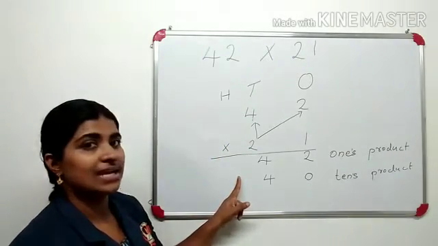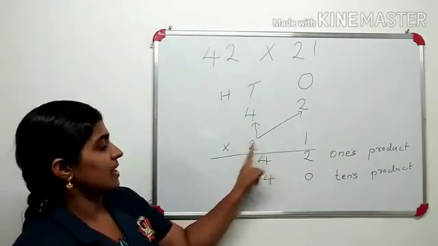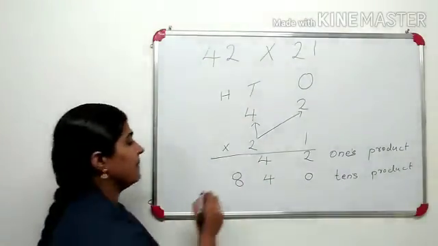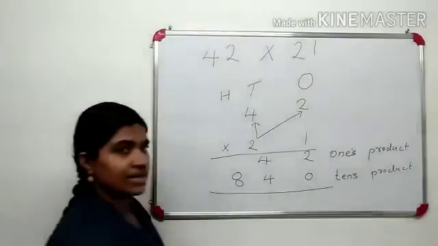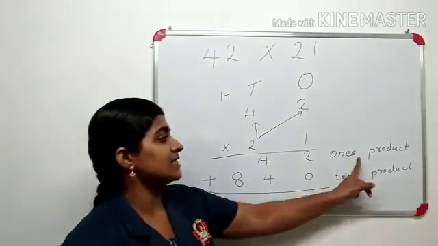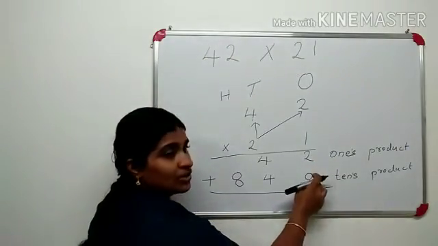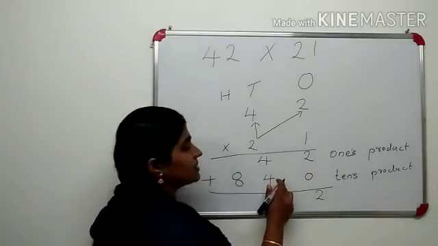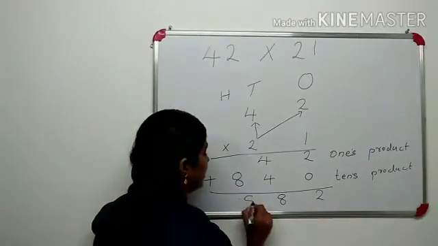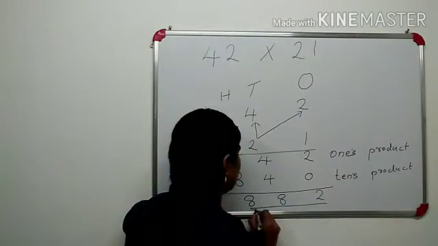Then you must add the ones product and the tens product. 0 plus 2 is 2. 4 plus 4 is 8. Then there is nothing to add here, so 8. 882 is our answer.